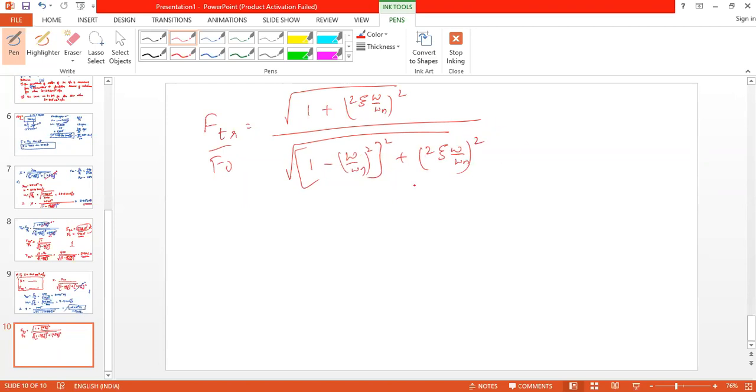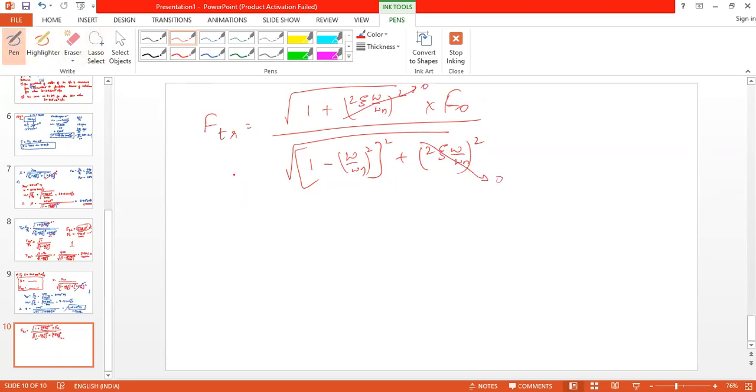See, in all the equations, the denominator is same. Only the numerator will change. Or FTR is equal to F naught multiplied by this. And since here zeta is 0, this is 0 and this is 0.